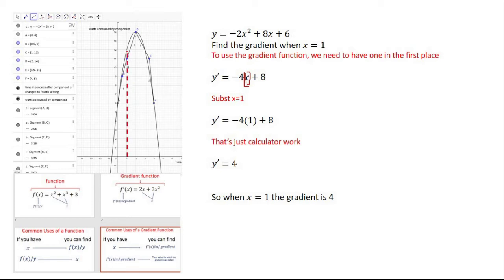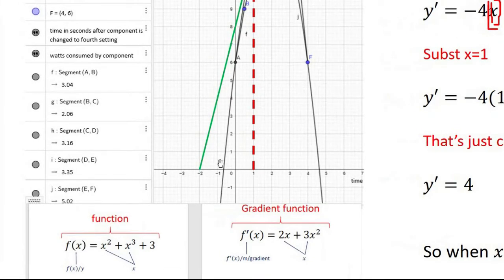Now let's put a tangent at that point. The tangent has the same gradient at that point, and the tangent is 4 over 1. So the gradient is 4.